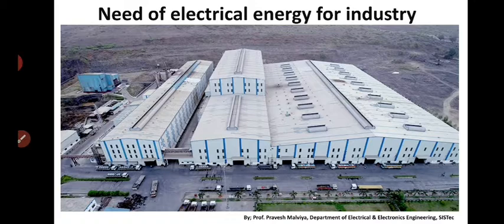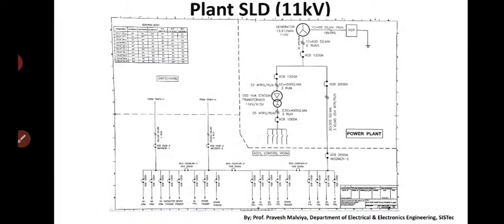To satisfy this huge demand of electrical energy, there were 2 sources. The one was a power plant, a gas power plant. It was a 10.912 MVA Wärtsilä made power plant, and there was a switch yard which is known as a substation. It was a 220 by 11 kV substation.